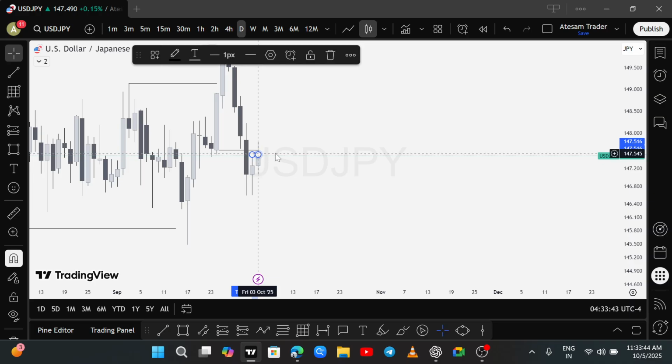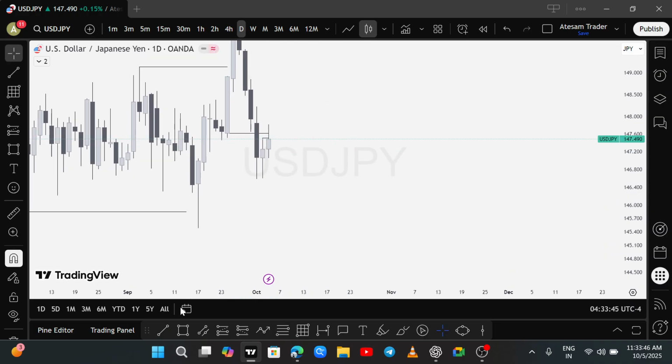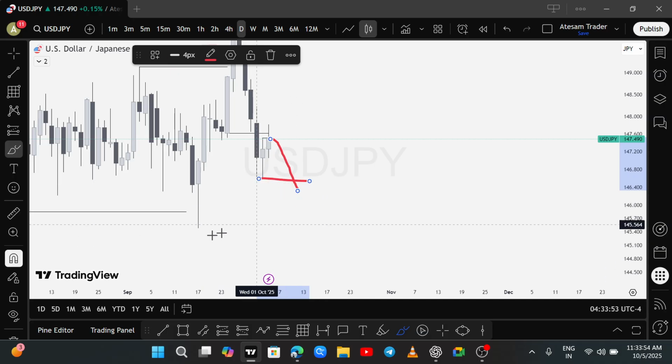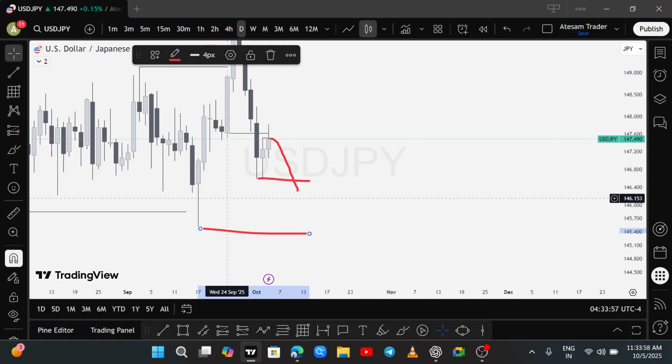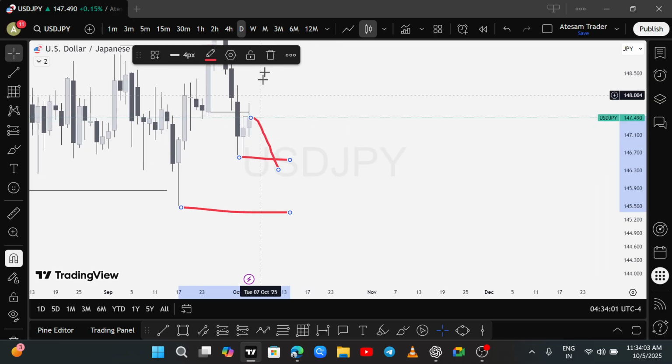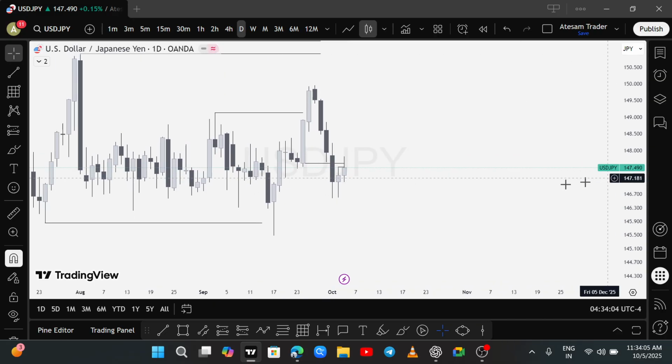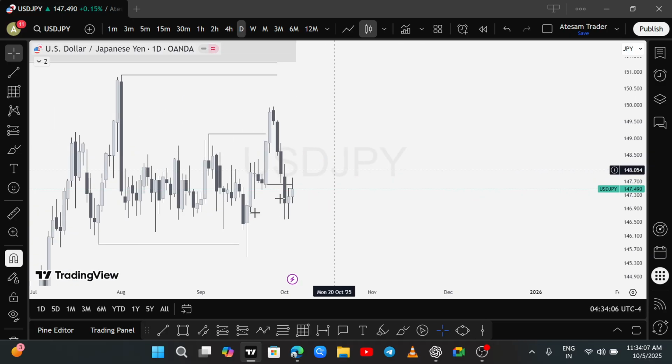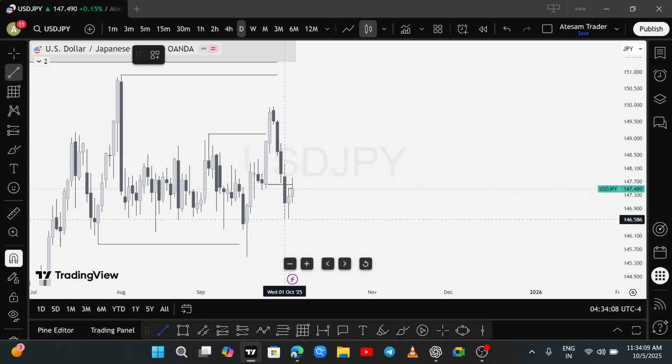If you see candle to closer, I want price to come down. Okay, what will be the target? Okay, this will be the target.